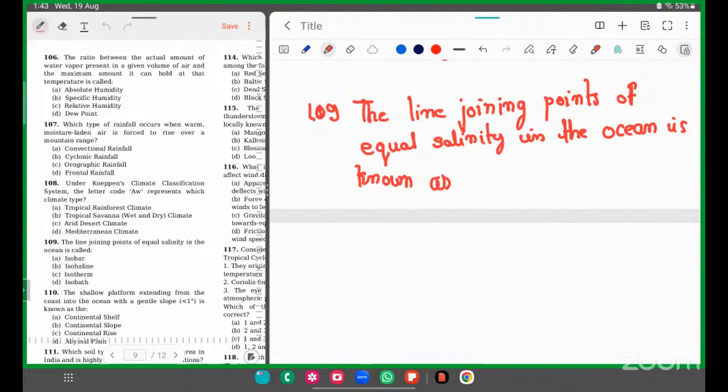Let us know the other definitions as well. What is isobar? Equal line of pressure. Bar means pressure.